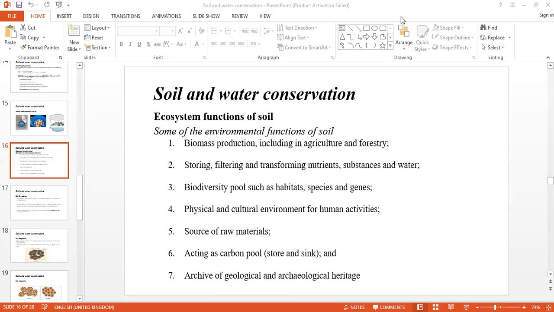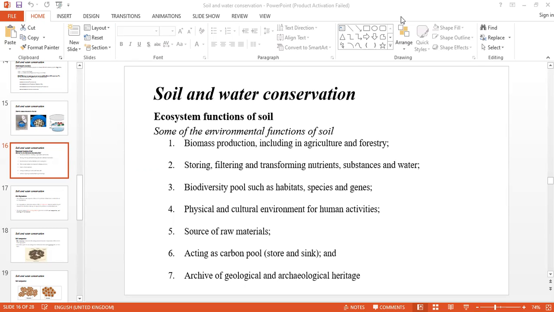We looked at the soil, its composition, and its properties. Now today we'll look at what the functions of this soil are.